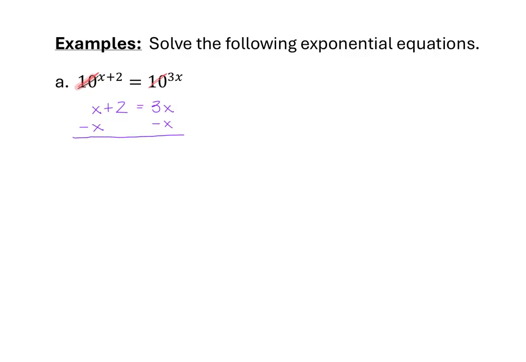So I can subtract x from the left. If we do that, our x's cancel. We are just left with a 2. And on the right side, if we do 3x minus x, we get 2x. And finally, we divide by the coefficient, and we get x equals 1. And we're done.